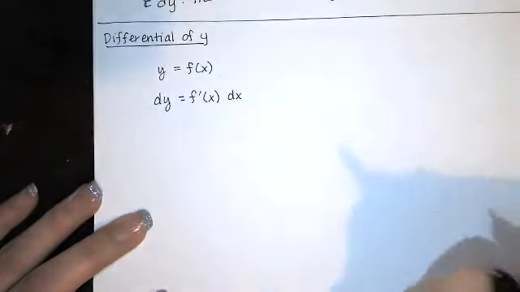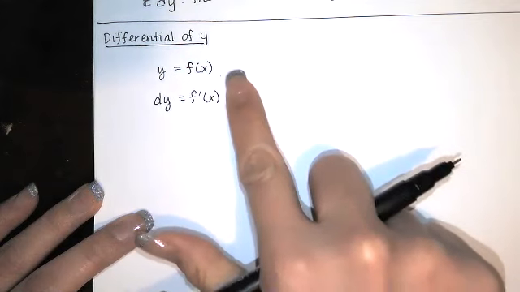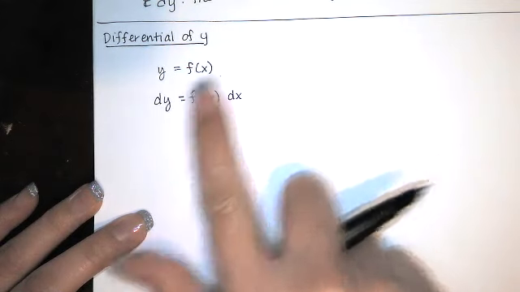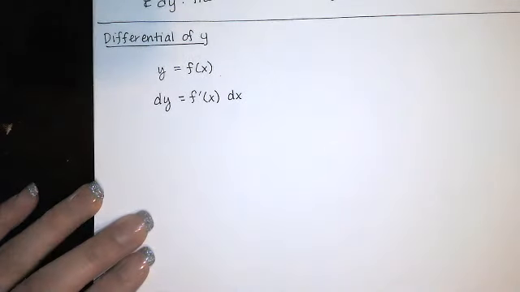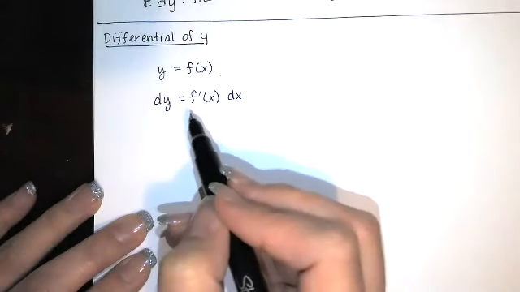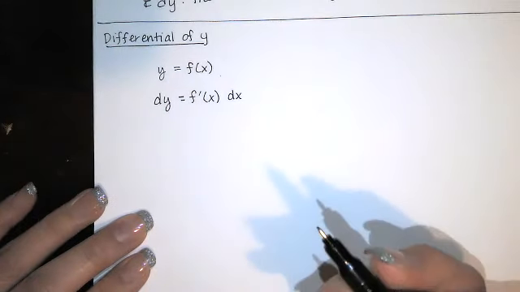Sometimes people will call this the differential form of the derivative. I don't tend to do that because the derivative is actually a function. But the differential of y is that derivative function times dx. So it's actually very simple. If you can calculate the derivative of y, you can multiply it by dx and calculate the differential of y.